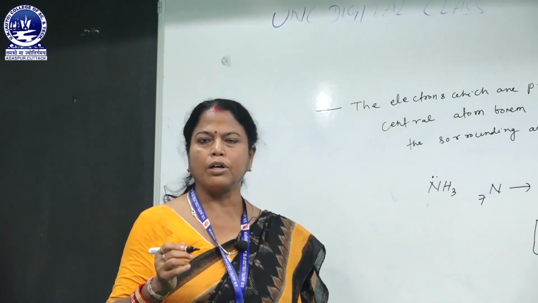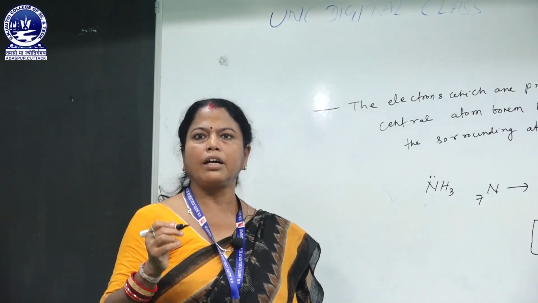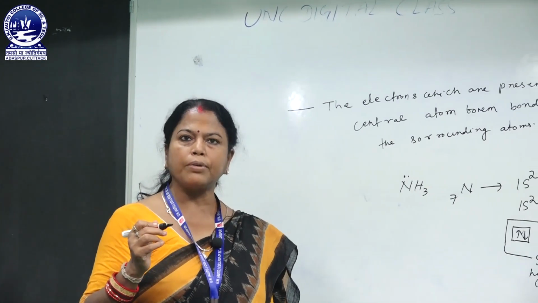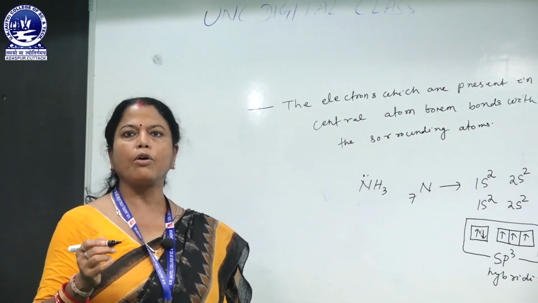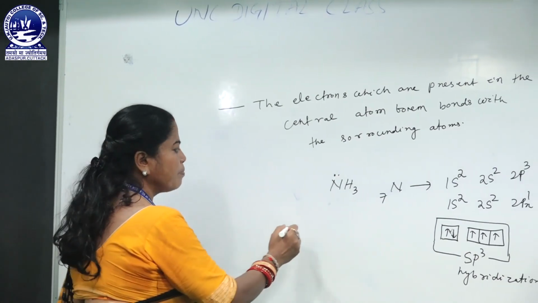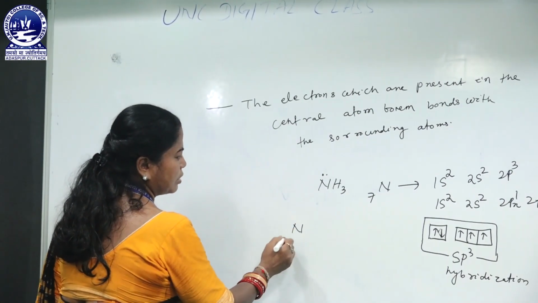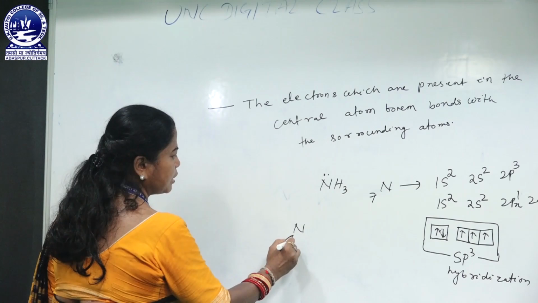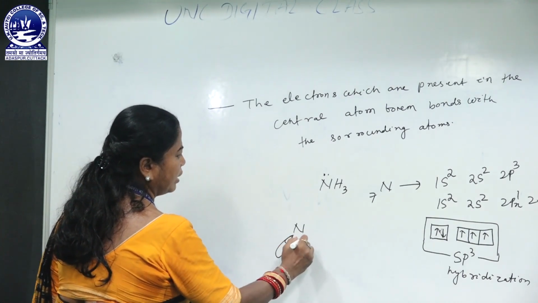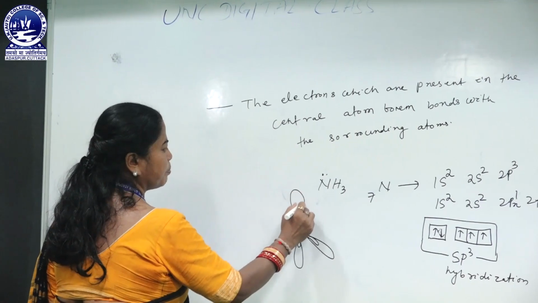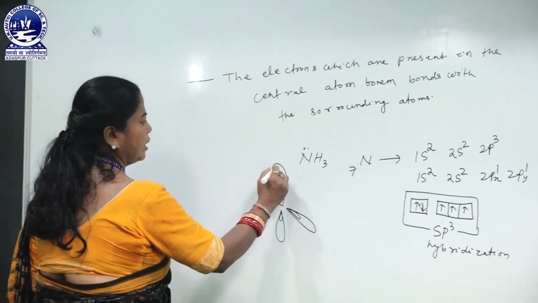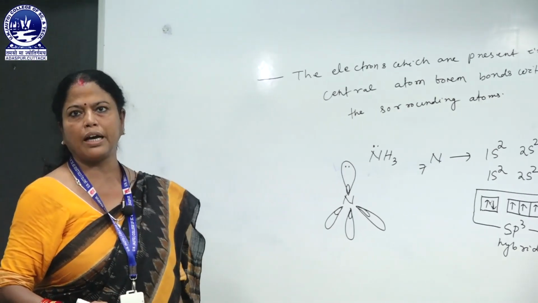They form bonds with the three half filled 1s orbitals of three hydrogen atoms. Let us see how they form bonds. These are the half filled sp3 hybrid orbitals, and this is the filled hybrid orbital containing the lone pair of electrons.